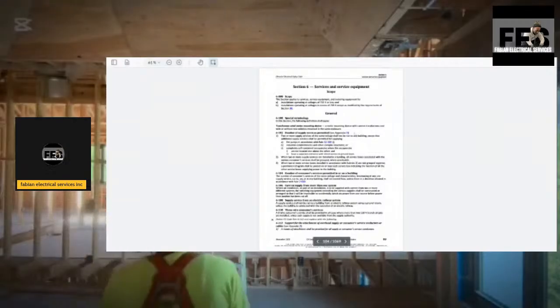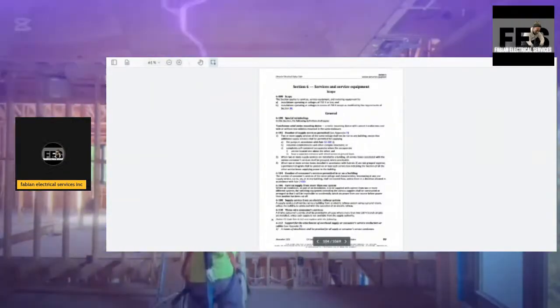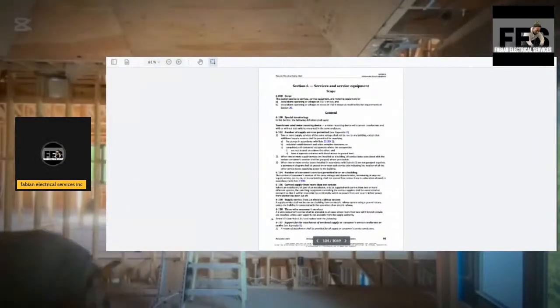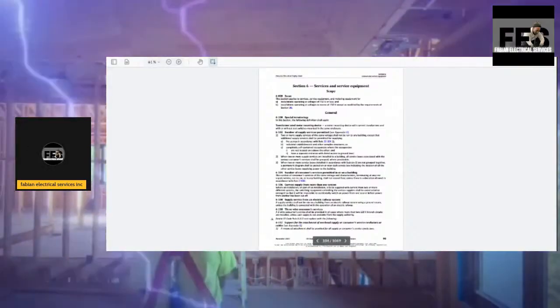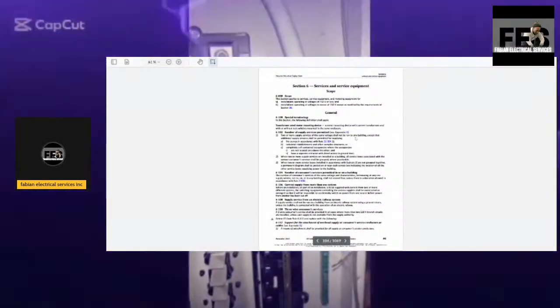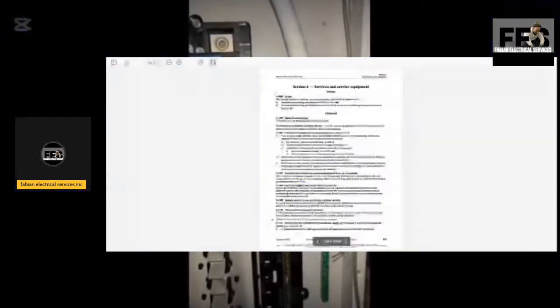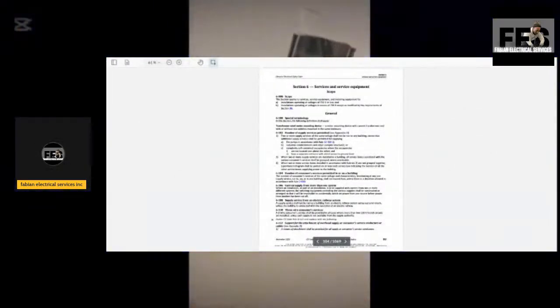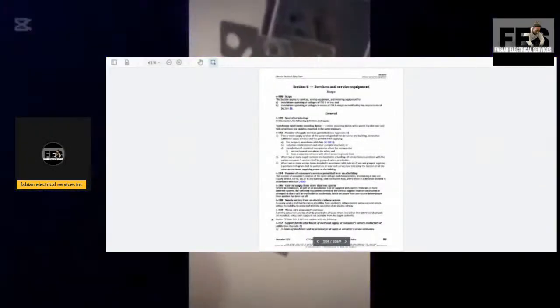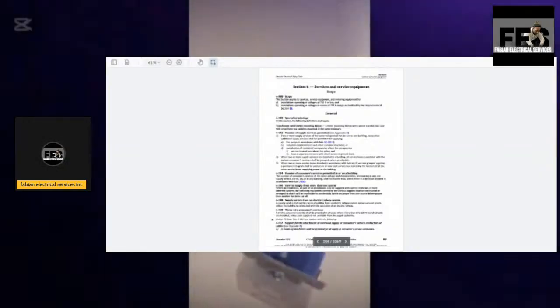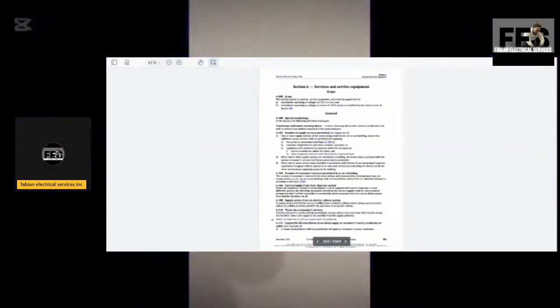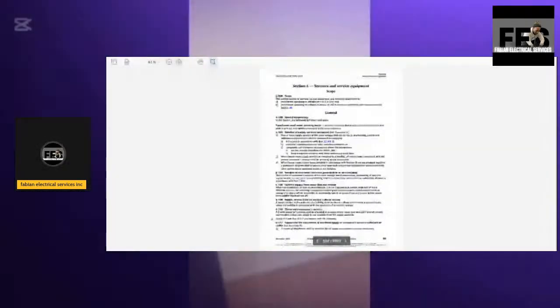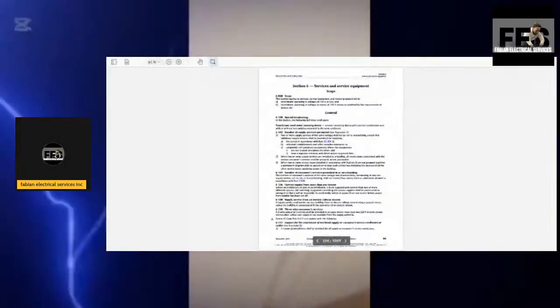Then it's going to send you to Appendix B. Two or more supply services of the same voltage shall not be run to any building except the additional supply service shall be permitted for supplying fire pumps in accordance with the rule, and it sends you to that rule, and also tells you to head over to sub-rule 1.